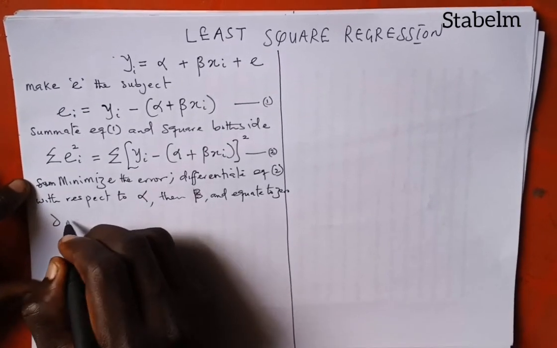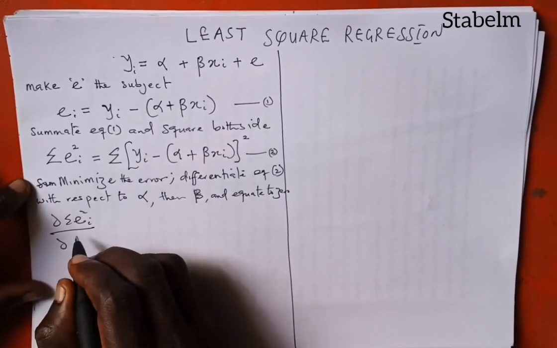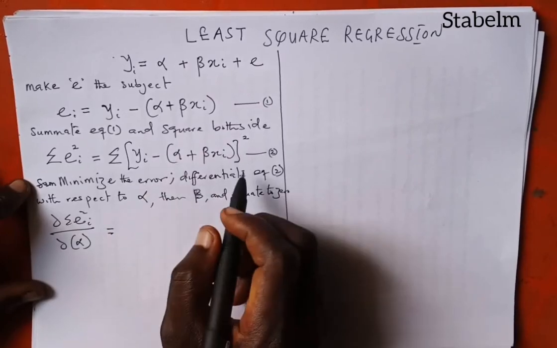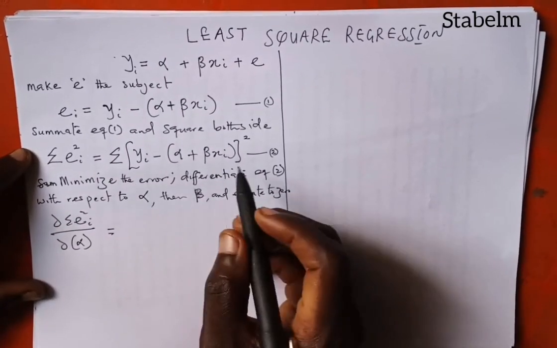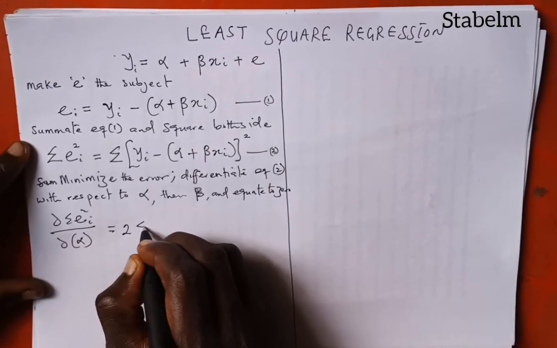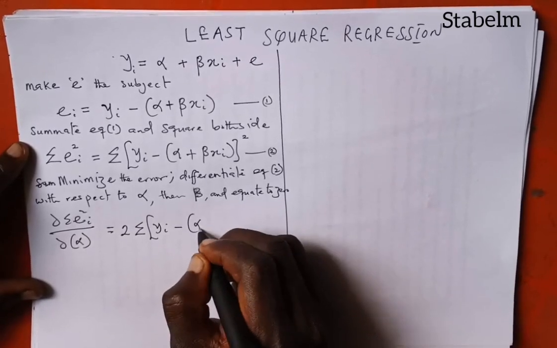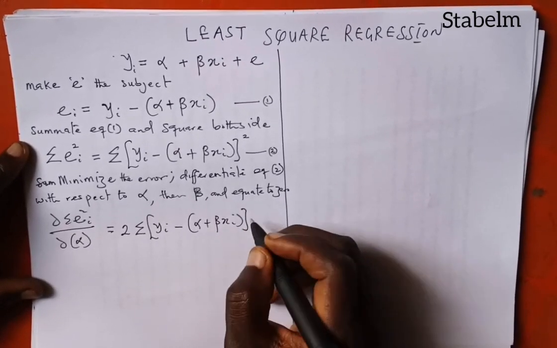Now, the summation of e subscript i squared, we want to differentiate with respect to alpha first. This is a function of a function. Use this 2 to multiply the whole of this, and we have 2 summation y subscript i minus alpha plus beta x subscript i.